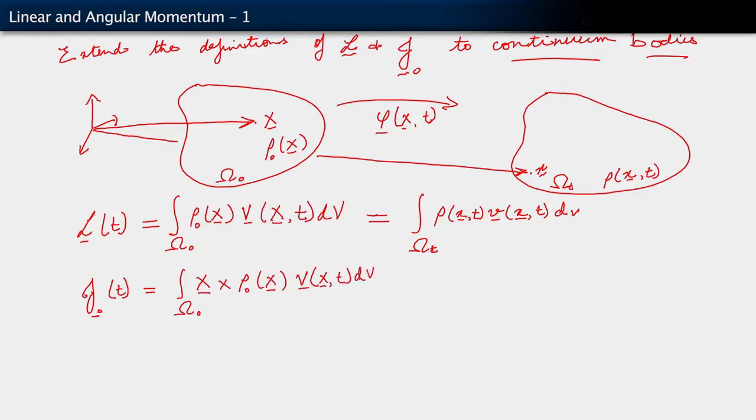So what we're doing here is taking the cross product of every position vector x with the linear momentum of every elemental mass, whose product is given to us once again by rho naught and dv. And this is the angular momentum expressed with respect to the reference configuration. This is the angular momentum of the body in the reference configuration.